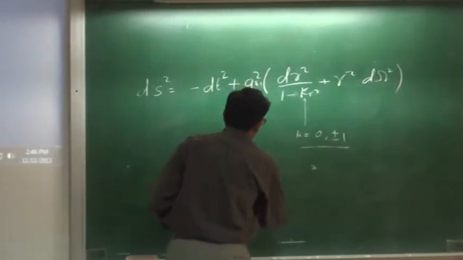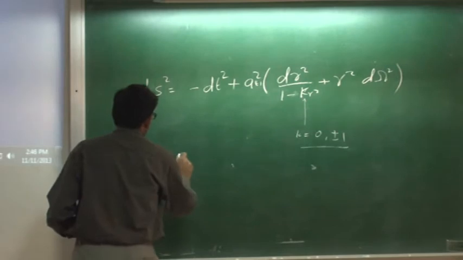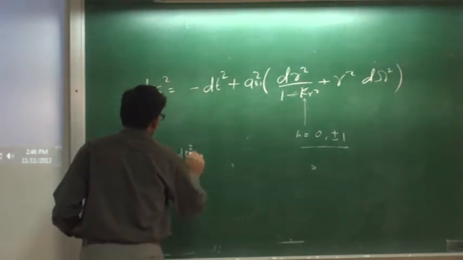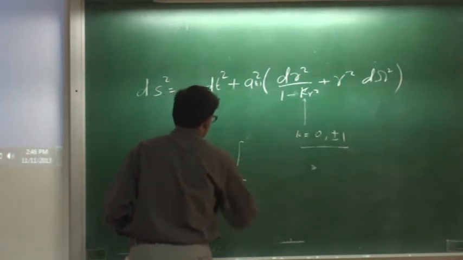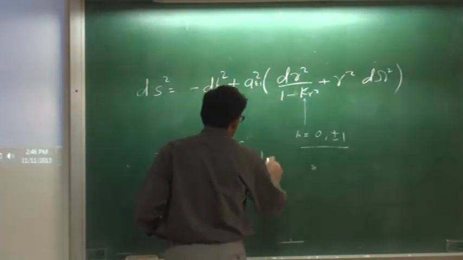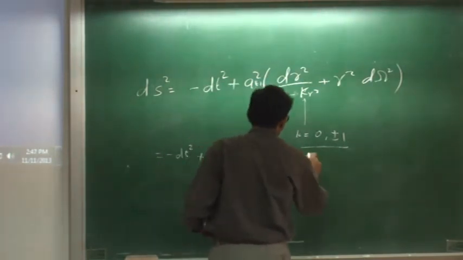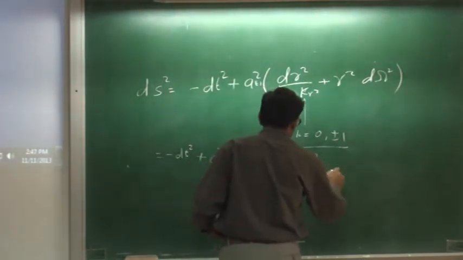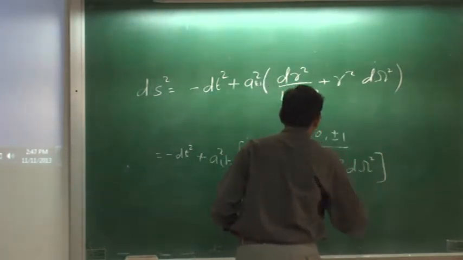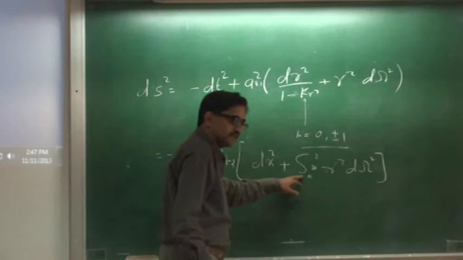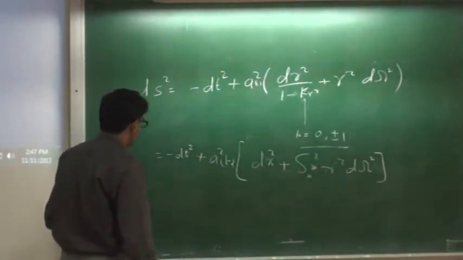In fact, this can be written in a different way, which is minus dt square plus a square t into a quantity [d chi square plus sk square of chi d omega square], where sk has the following form.